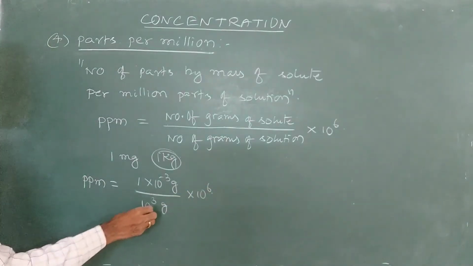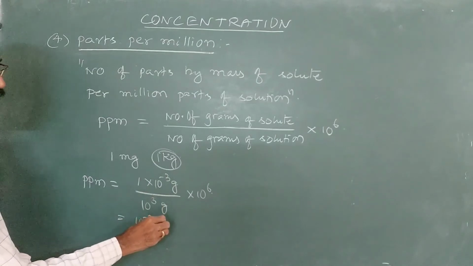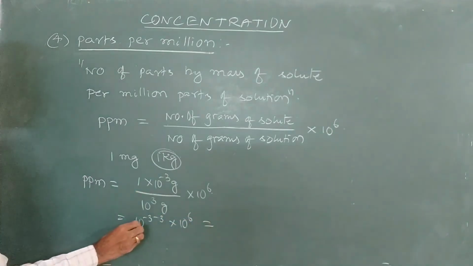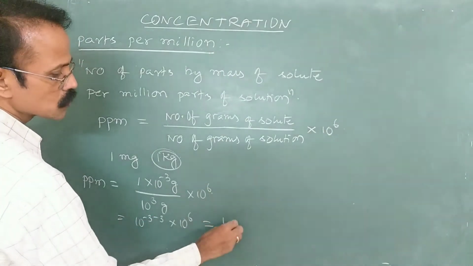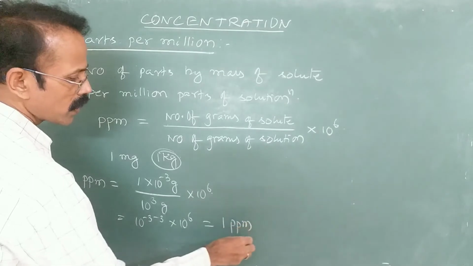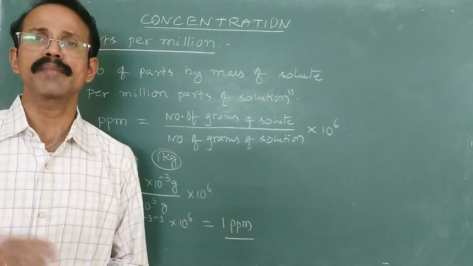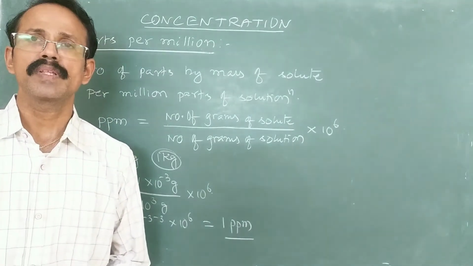So this becomes 10 to the power minus 6 into 10 to the power 6, which is equal to 1. So 1 gram of solute is dissolved in a million grams. That is 1 ppm concentration.